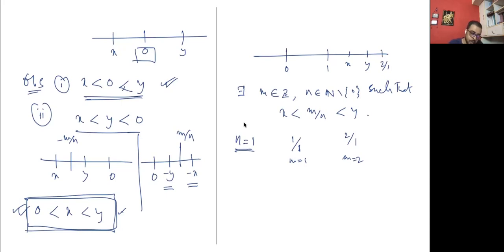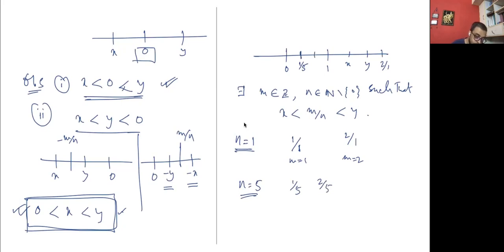You are jumping over the interval x to y and reaching the other side. But maybe if you take a big enough n, then this cannot happen. So let's say you have taken 1 by 5. Now you look at 1 by 5, 2 by 5, etc.